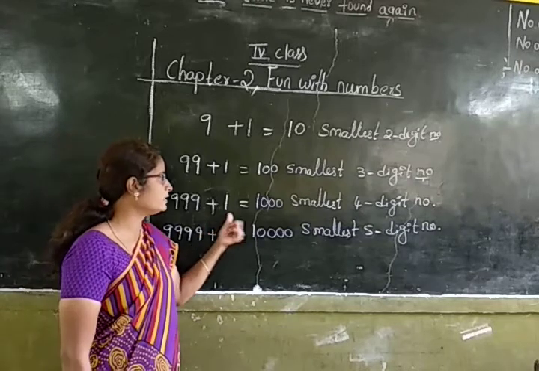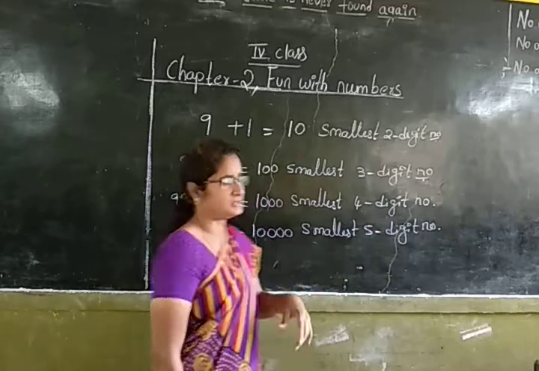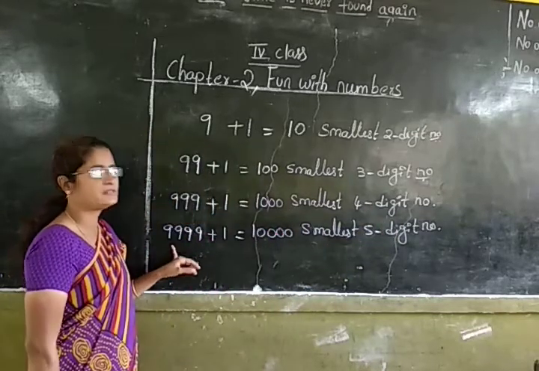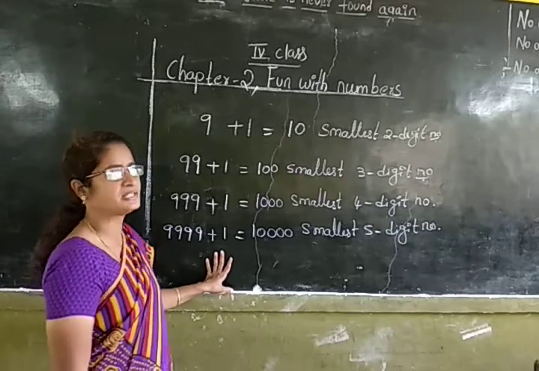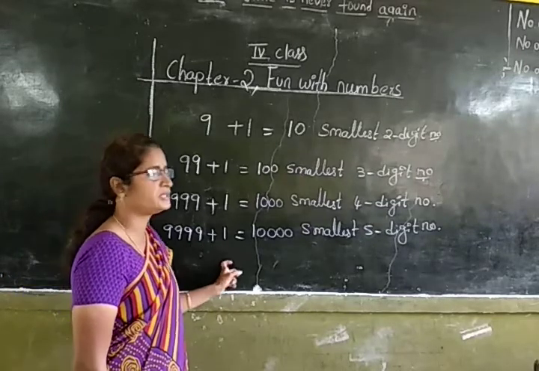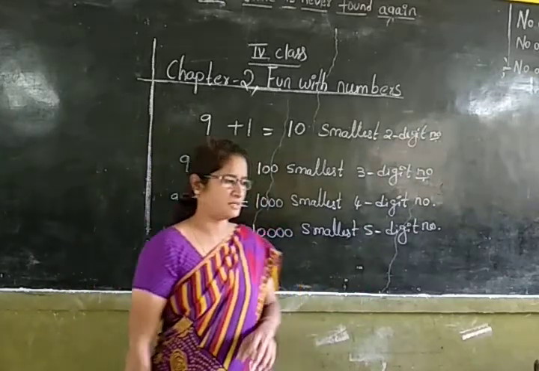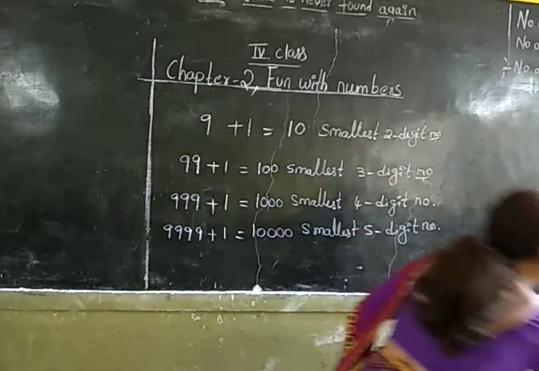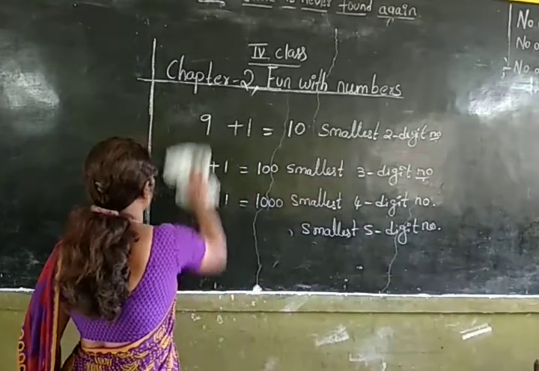On adding 1 to it we will get 1000, which is the smallest 4 digit number. You all know that 9999 is the largest 4 digit number, and on adding 1 to it we will get 10,000, which is the smallest 5 digit number.